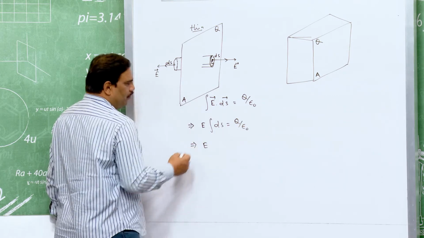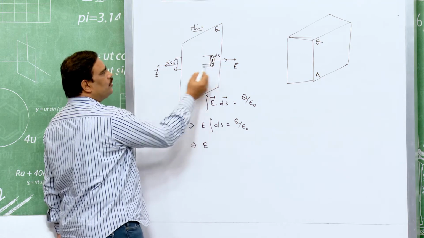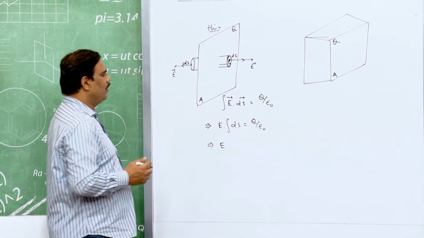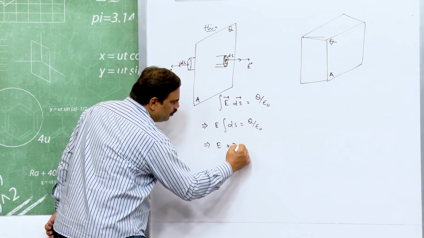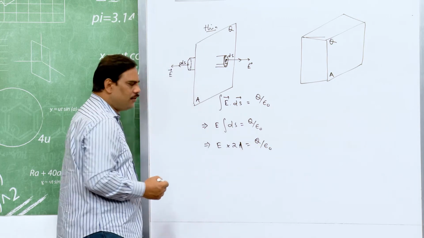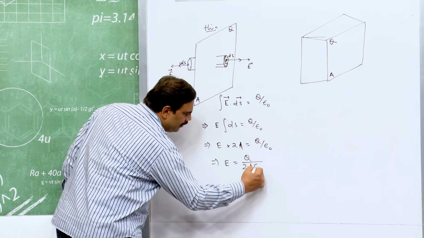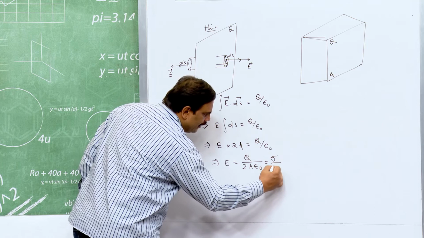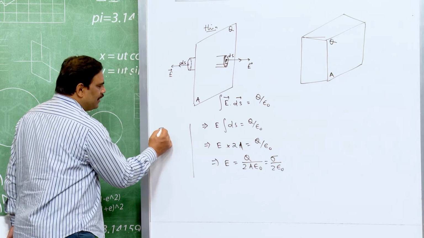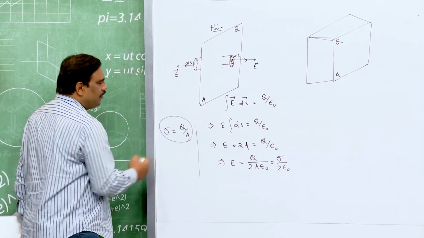If I integrate ds, it will generate two surfaces simultaneously on either side of the plane sheet, so the total area will be 2 times A, which is equal to q divided by epsilon 0. So, I get E equal to q divided by 2 A epsilon 0, or we can write it as sigma by 2 epsilon 0. Here, we define the surface charge density sigma as the charge per unit area of the surface.